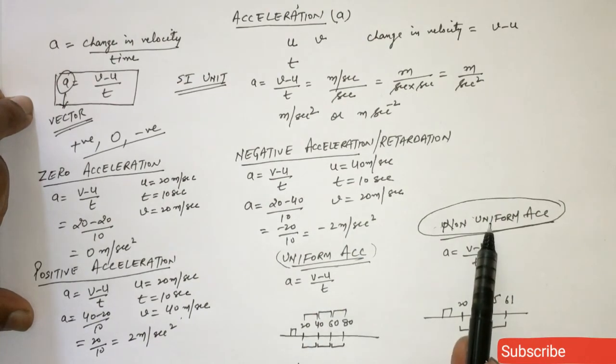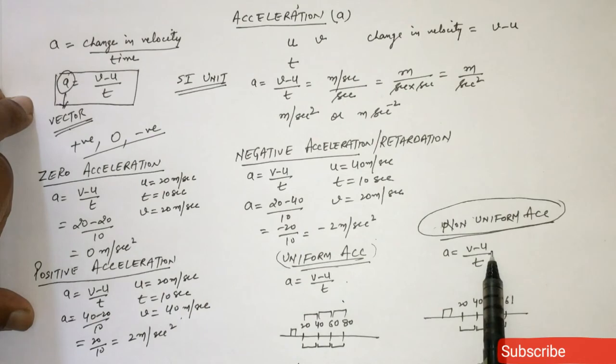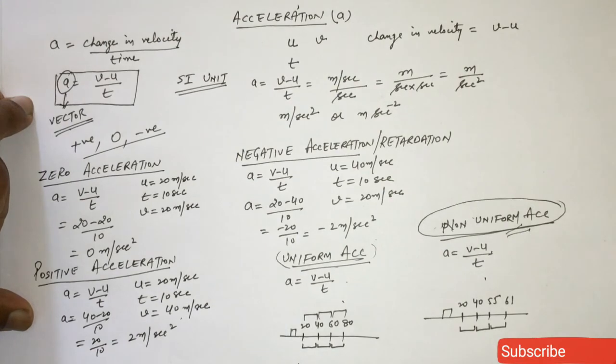Uniform and non-uniform acceleration. Uniform in which the change in velocity is equal in equal intervals of time. If the body does not change its velocity equally in equal intervals of time, that is non-uniform acceleration. Clear? Thank you.